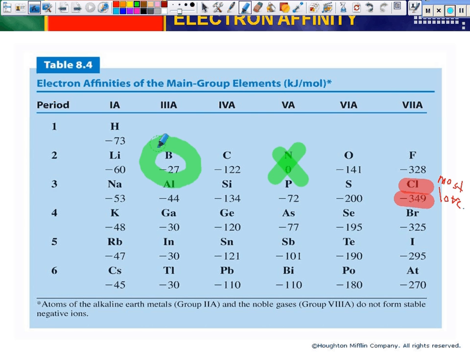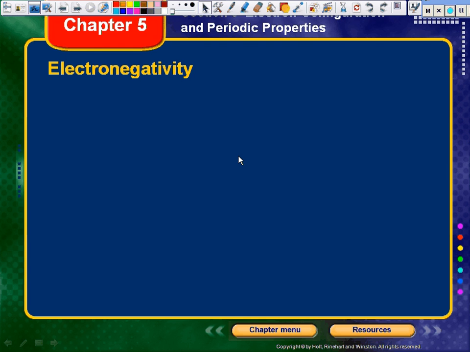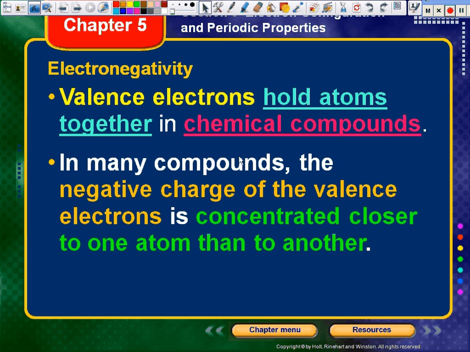Boron. Boron hates electrons. It can't stand them. It wants to get rid of them at all costs. Okay? So again, that's kind of how you can look at this chart. If you think about it, it's already got 3. It doesn't want another one. Does that make sense? Okay.